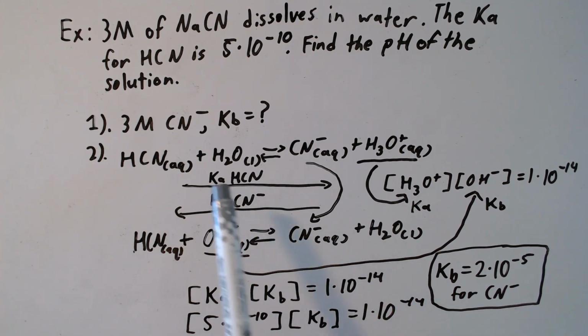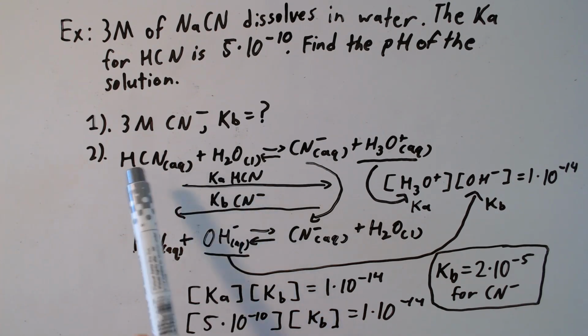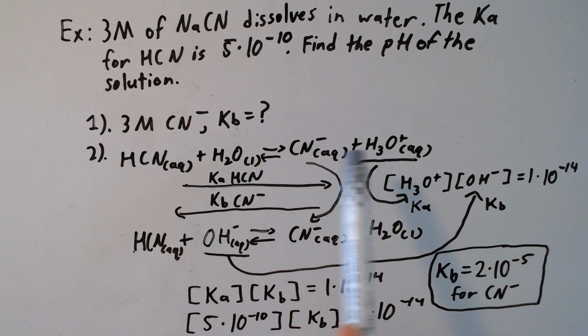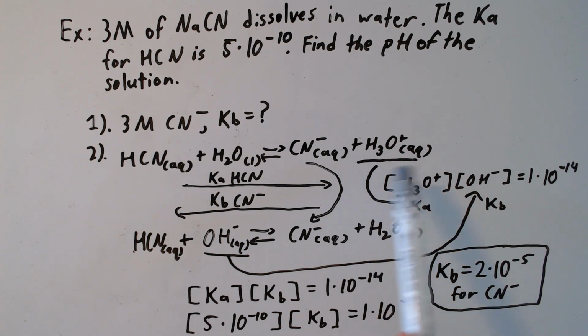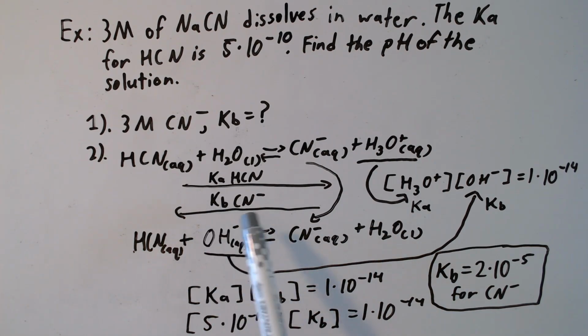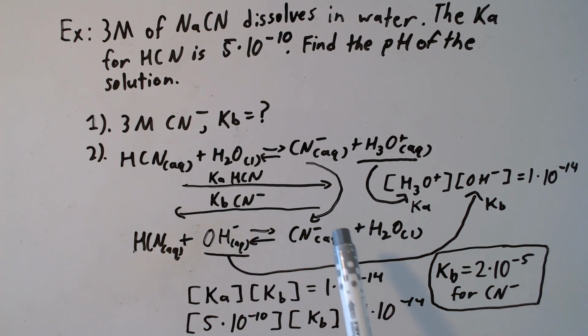And we also know that this Ka here, the one in the forward reaction, can be used to represent to what extent this acid produces H3O+. And this Kb in the reverse reaction can be used to show to what extent this CN- produces OH-.